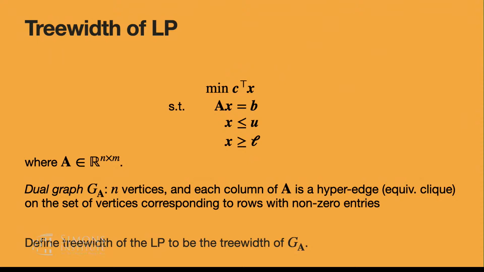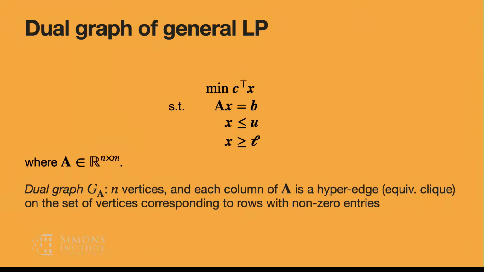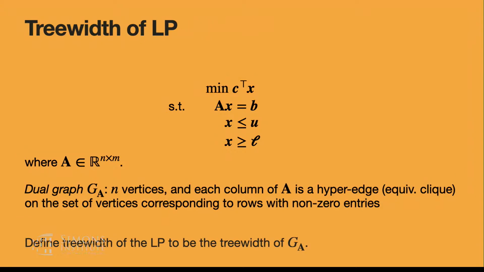Okay, so stepping back a little bit, we also want to define the tree width of a linear program. Again, general linear programs do not necessarily correspond to any graphs, but because we've defined this dual graph, we can talk about the tree width of the dual graph as a graph. So we say the tree width of the linear program is the tree width of the dual graph.